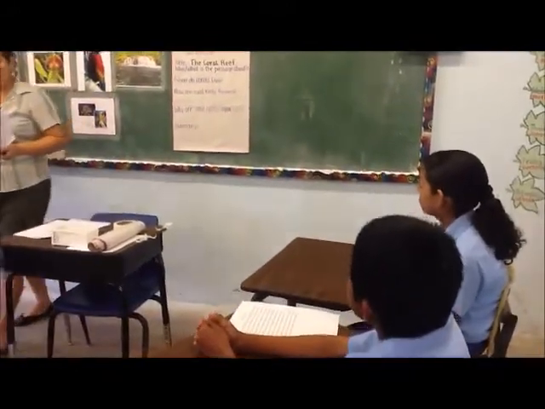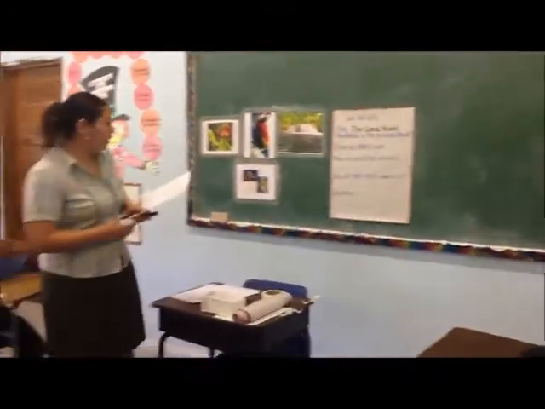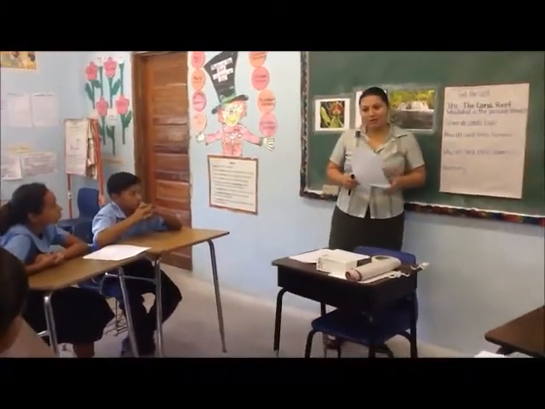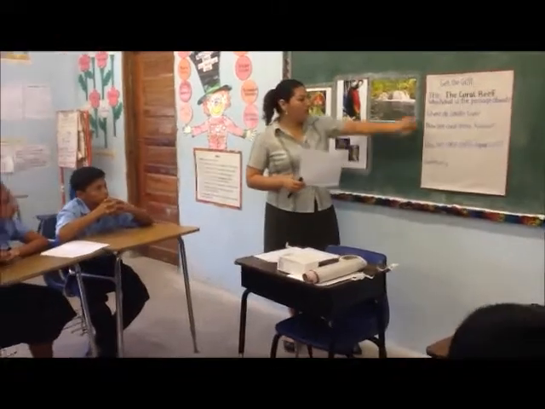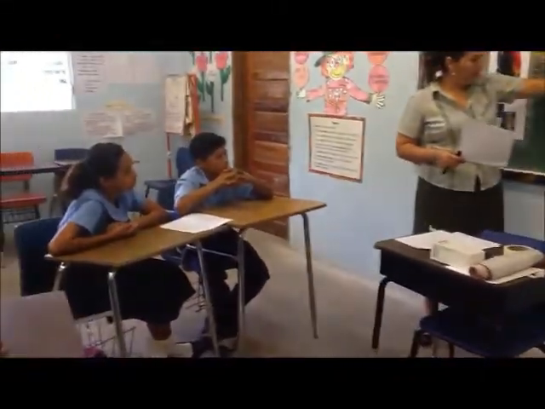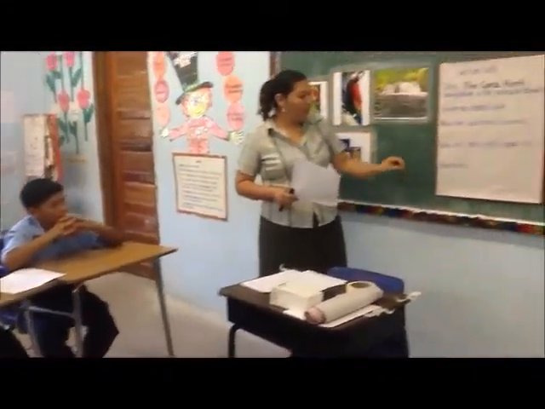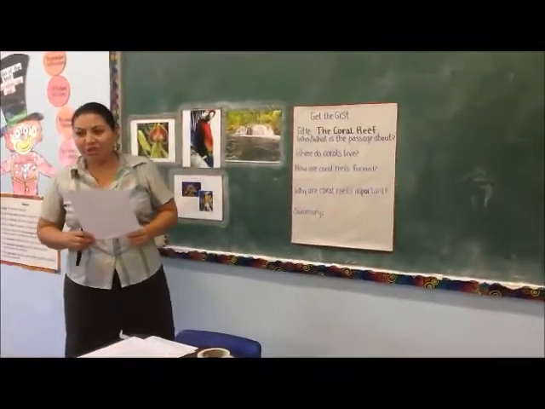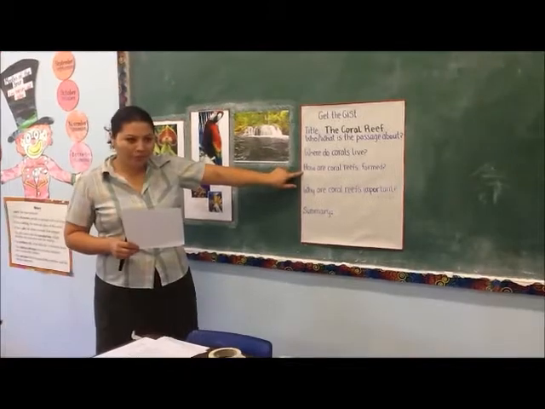To get the gist of what you have read, we answer 5 W questions. These 5 W questions are who, what, where, when, and why. Plus, we also have an H question, which is how. Okay?